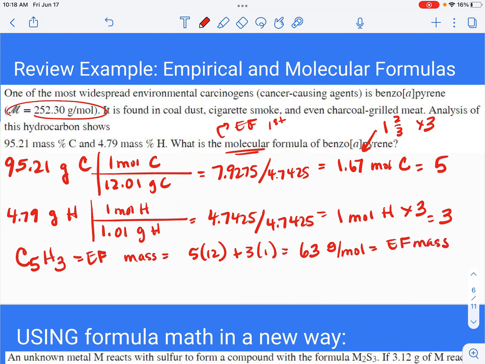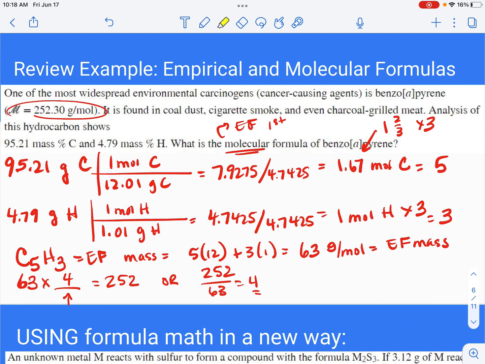And then I need to decide how many times I need to multiply that to make 252.3. So I'm a multiplier. I do 63 times what gives me 252. And when I punch it in my calculator, I find that that's a 4. Or you can be a divider and you can say 252 divided by 63 equals 4.